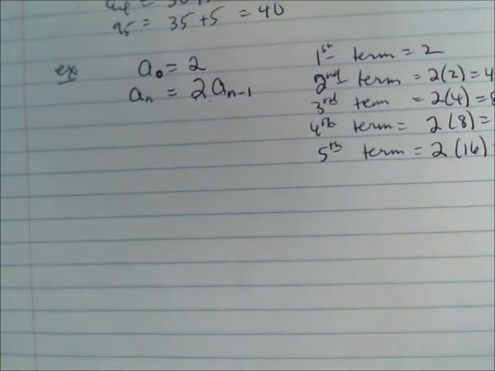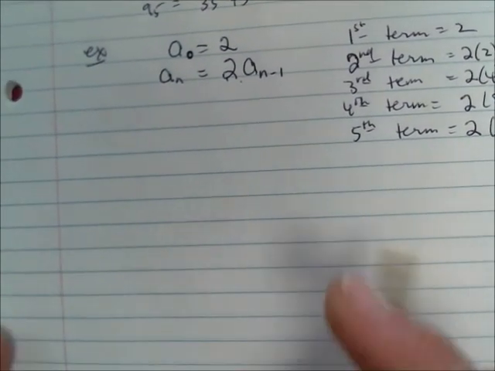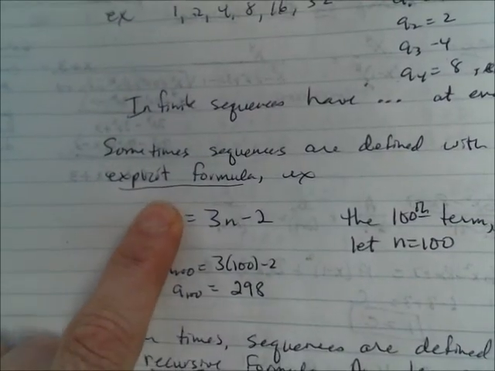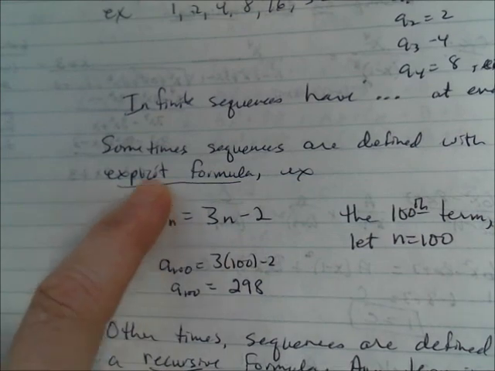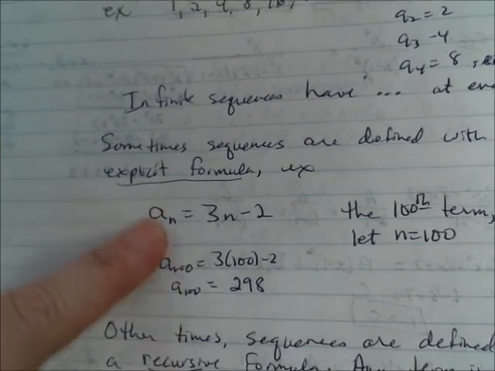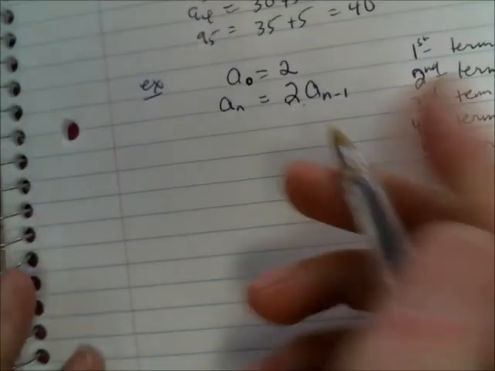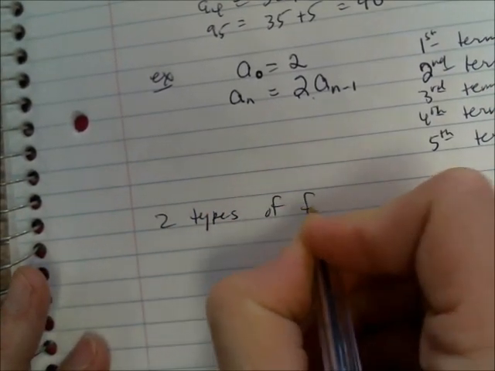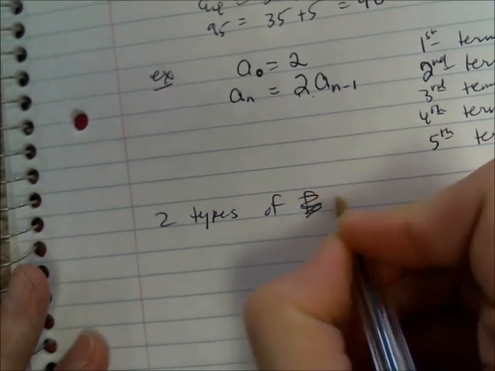Now the two specific types of sequences that you can talk about with explicit formulas over here, this first kind, you've got explicit versus recursive, so I'm going to show you a couple of explicit types of formulas, of sequences, rather.